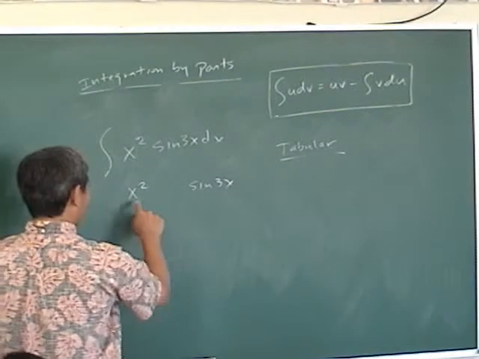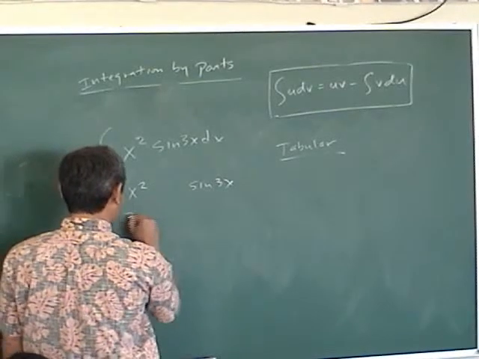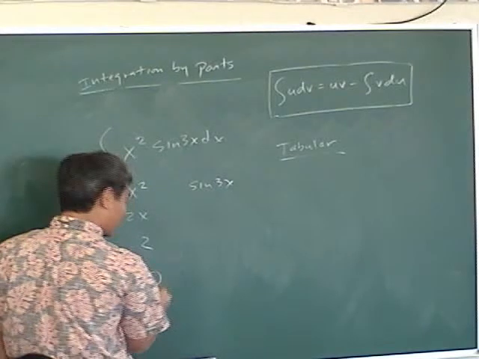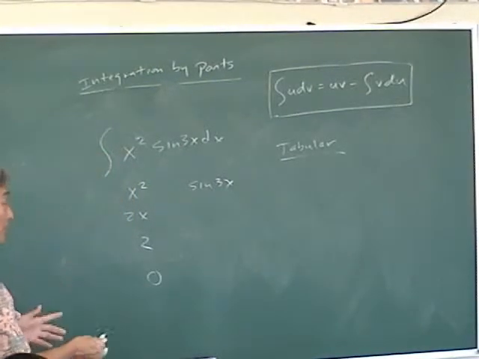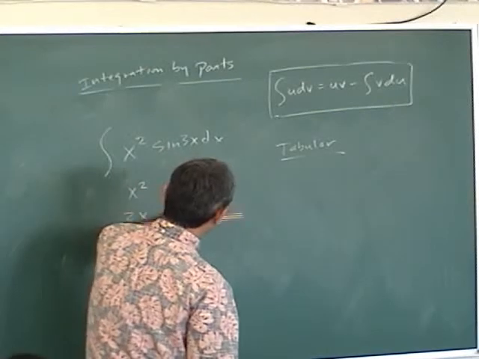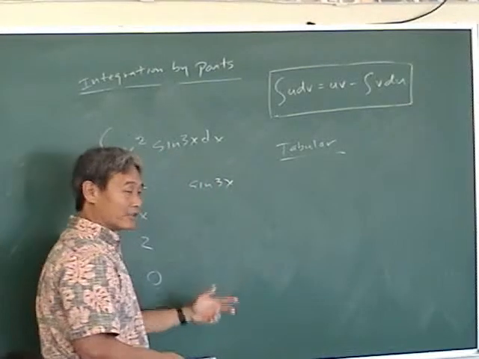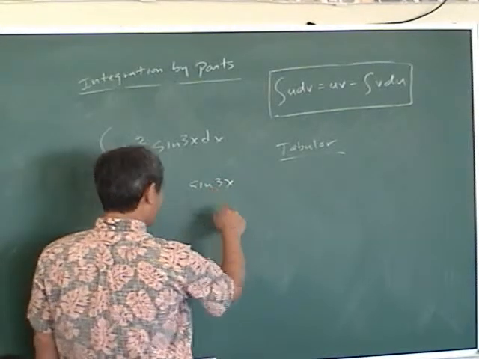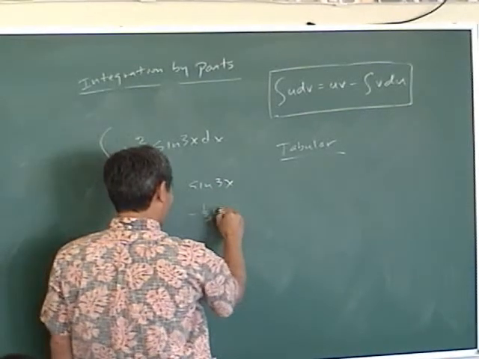Watch. What's the derivative of this? 2x. Take another derivative. 2, another derivative. 0, see? If it's a polynomial, you will hit 0 sooner or later. And then in this column, you have to be able to repeatedly anti-differentiate it. So what's the integral of this? Negative 1/3 cosine 3x.